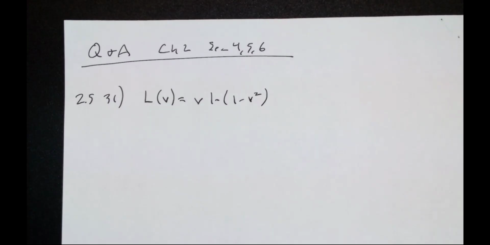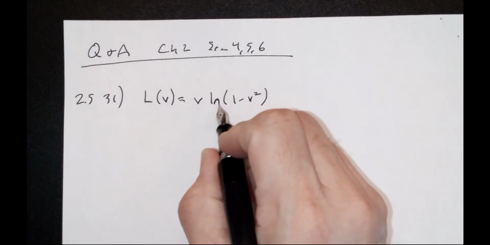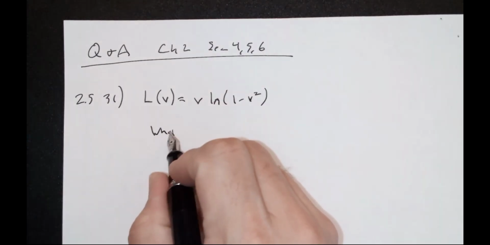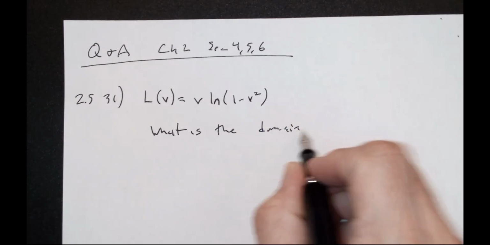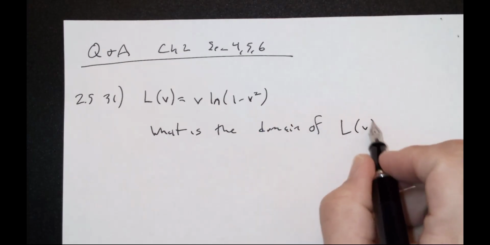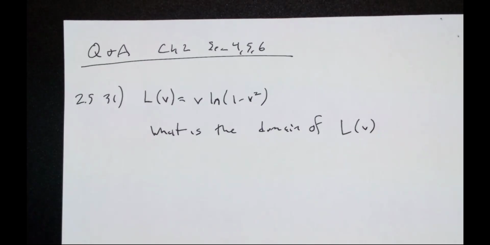So let's start with what's the domain of this function? What numbers can I plug in and what numbers are verboten? What are forbidden?